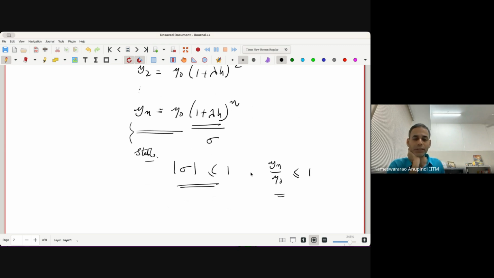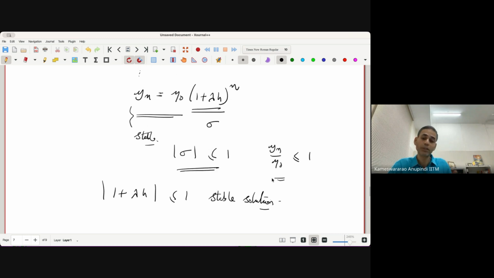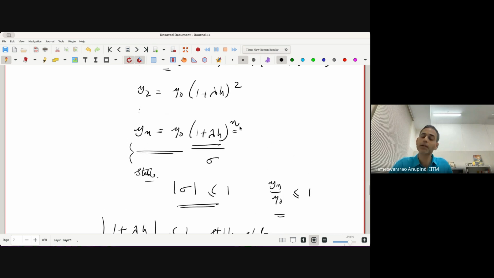What is sigma? Sigma is nothing but 1 plus lambda h. So we want the modulus of 1 plus lambda h to be less than or equal to 1 to obtain a stable solution. Otherwise, yn will grow as n grows, and eventually it will become infinite.